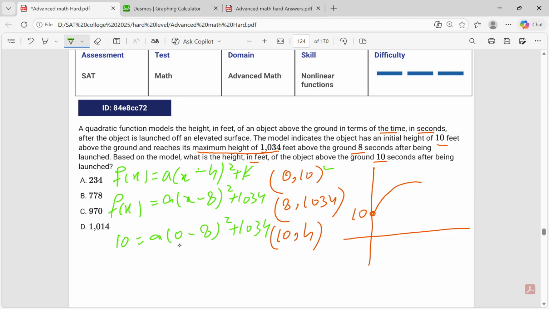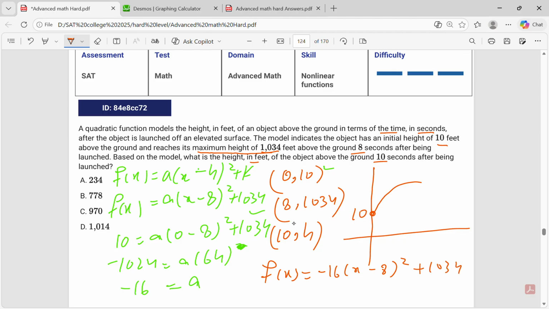If you subtract 1034 from 10, it will be negative 1024, and 8 square is 64. Now divide both sides by 64, and you will get negative 16. So the equation will become f of x is equal to negative 16 times x minus 8 square plus 1034.